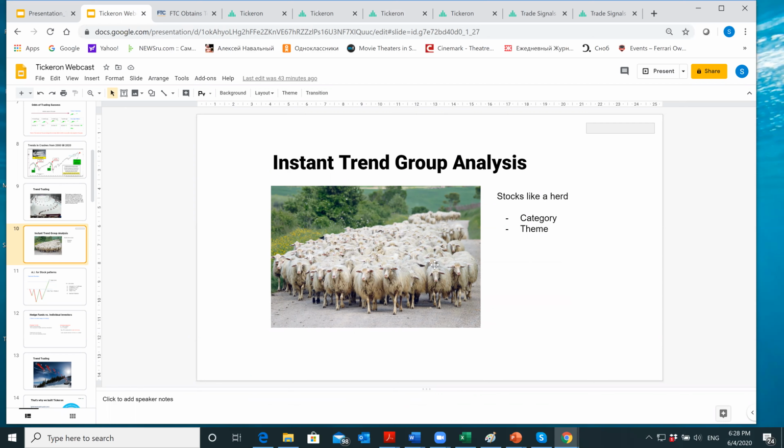So I always analyze the group as a really important element. But there is pretty much no software which can help you analyze what's going on with the group. People just don't think that way. We do, and that allows us to generate really good odds of success. Okay, we never claim we have 100%, but we have pretty good results, as I showed you in my own paper trades.